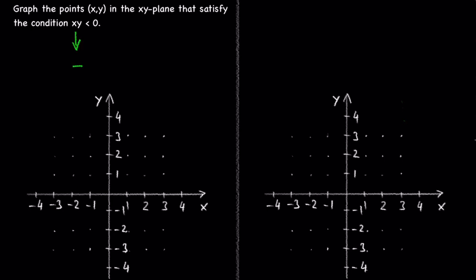We know that the product of two numbers x and y is negative when x is positive and y is negative, or when x is negative and y is positive.